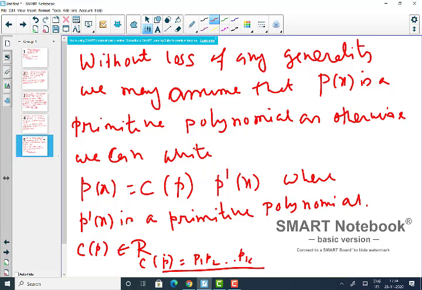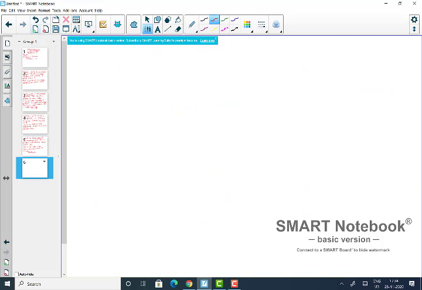So now let us assume that P(x) is a primitive polynomial. I'm not saying monic. Monic means the leading coefficient is 1, but I'm saying it's a primitive polynomial.